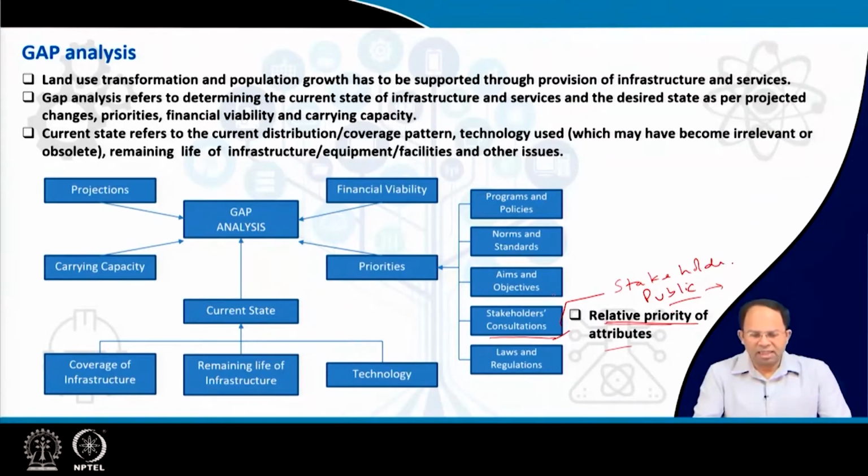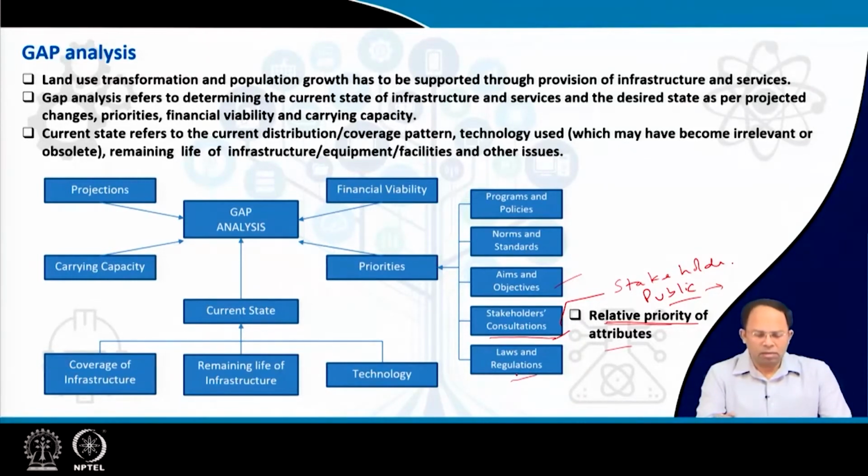Now, once this is determined, then along with the overall vision of growth for this particular city, the different laws and regulations which are already in place are the rules which are fixed for everybody, and these are there already to determine what sort of services need to be provided.